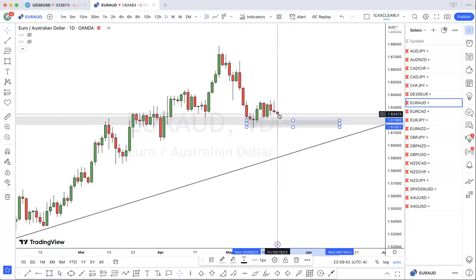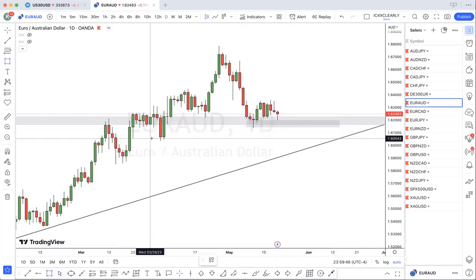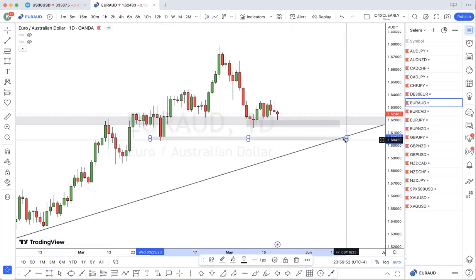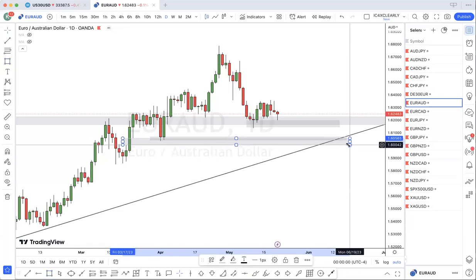Which it may or may not do. If it pulls down some more, then my guess would be maybe in the wicks here or this imbalance here. Maybe fill that imbalance.